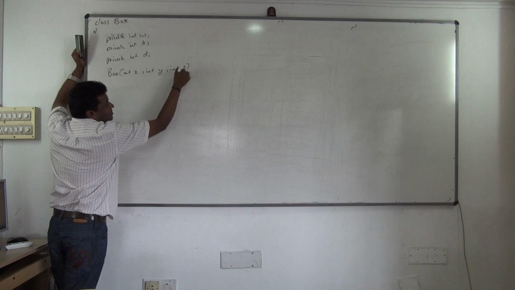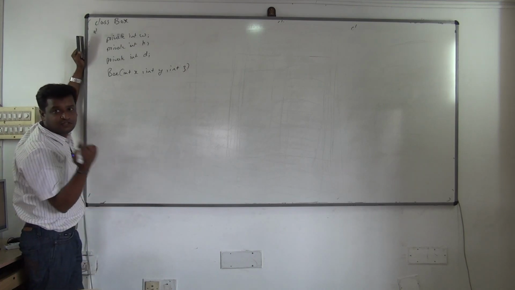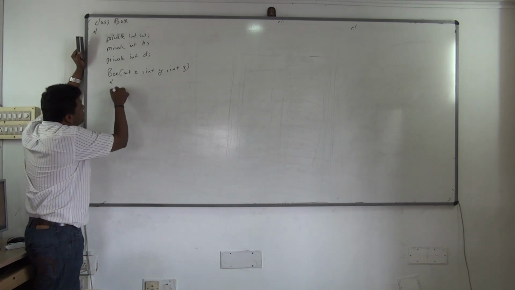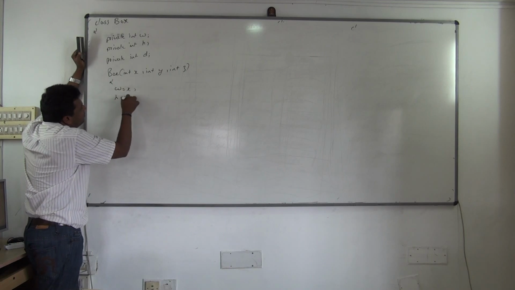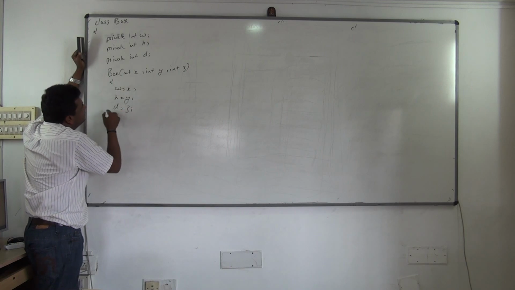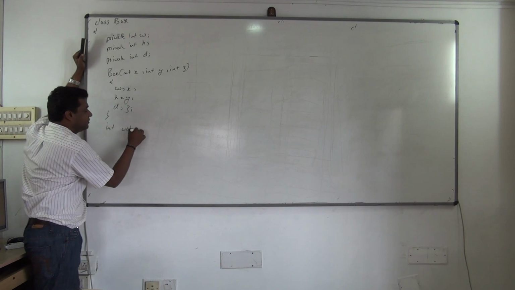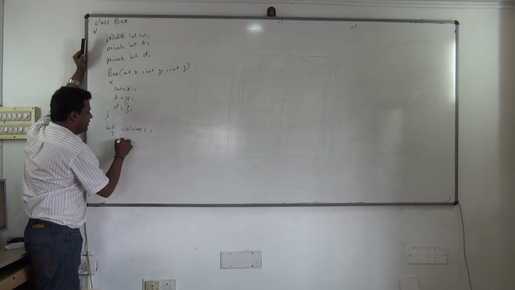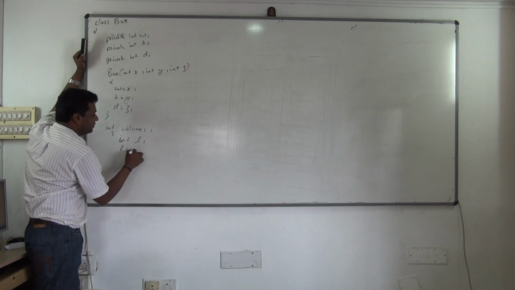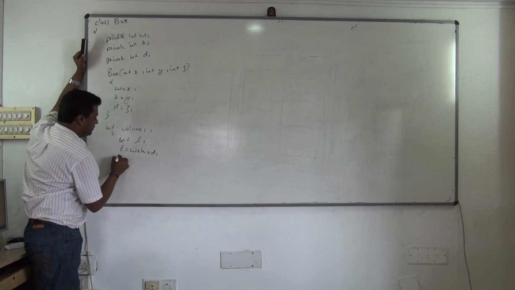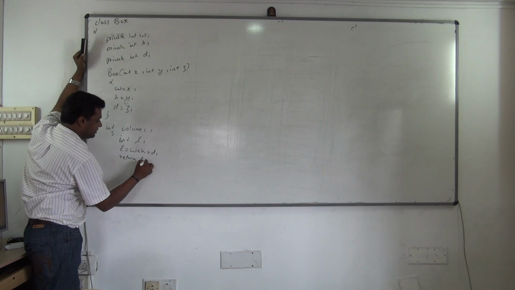So see this. Means you can overload the constructors, that's your approach. But I'll show you with only one constructor. So w is equal to x, h is equal to y, d is equal to z. And if you want to print the volume, yes, I can do it. Int L is equal to W into H into D, return L. This also is correct.